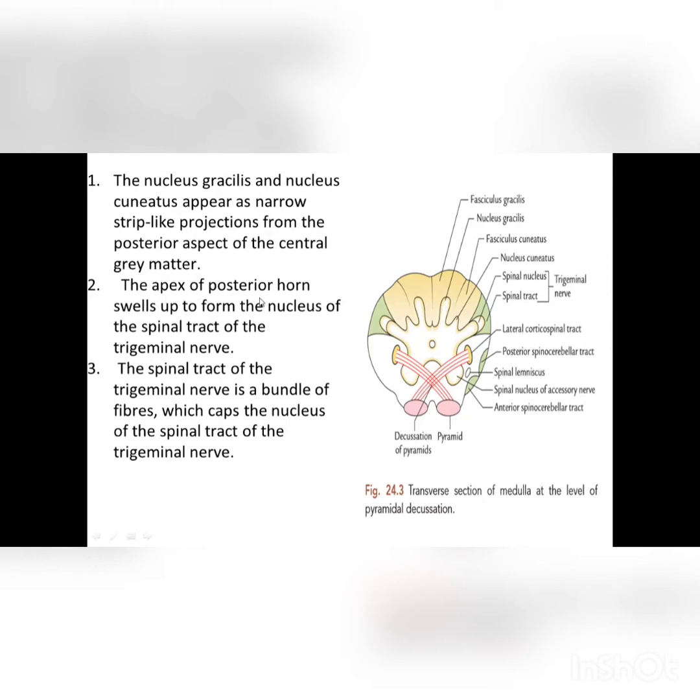The apex of the posterior horn swells up to form the nucleus of the spinal tract of the trigeminal nerve.